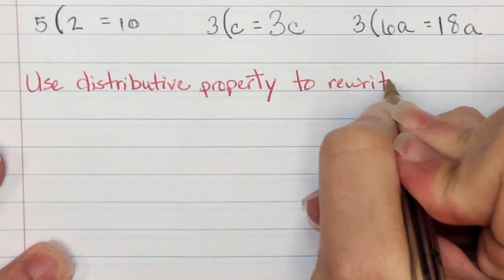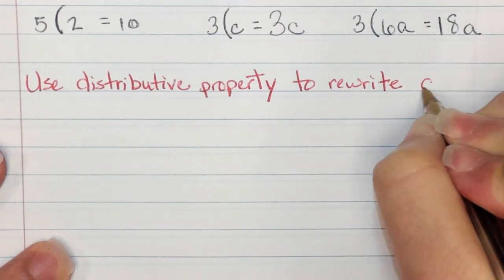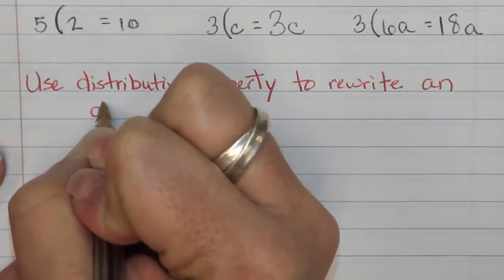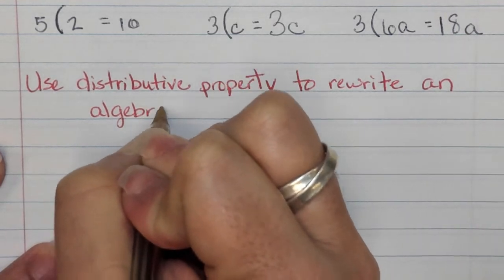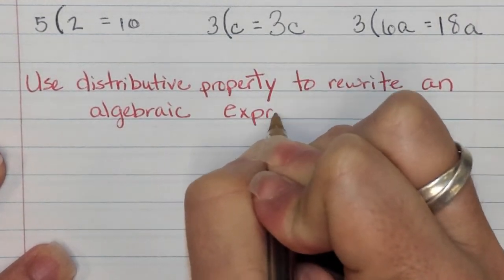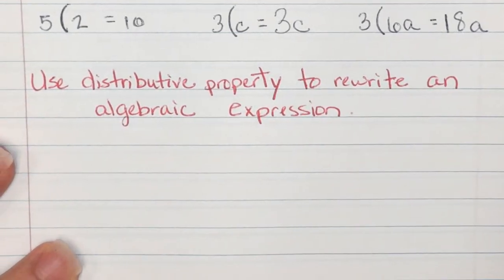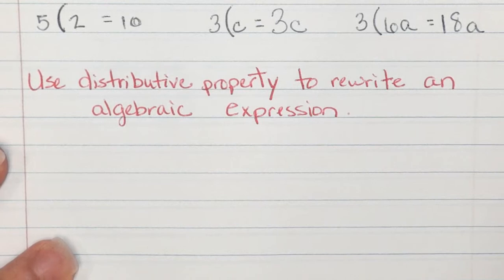We are just rewriting. We're not exactly solving. We're just going to rewrite it. Okay, now algebraic expressions do not have equal signs. So I'll show you one in just a second.